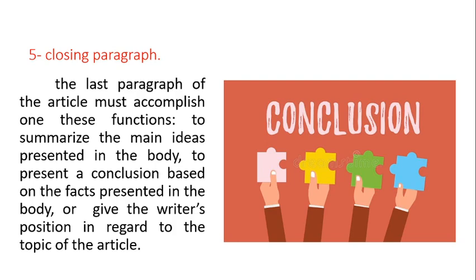It could present a conclusion based on the facts presented in the body. It can present a summary of the main ideas, or what your position is as a writer in regard to the topic of the article.